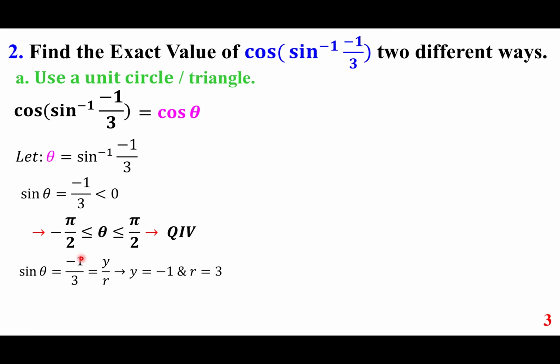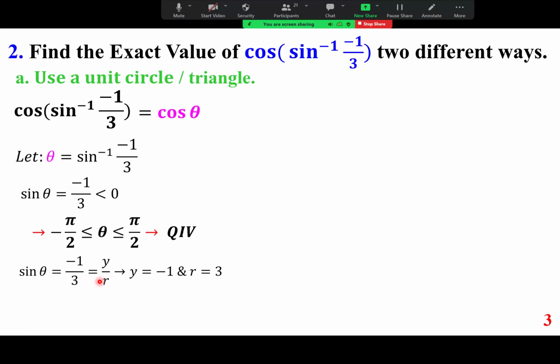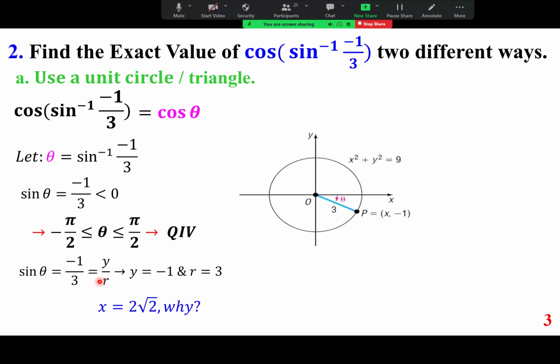So y over r, we take y to be -1, r to be 3. And we can calculate the x to be 2 square root of 2 because x squared plus y squared equals r squared, or 3 squared, or 9.